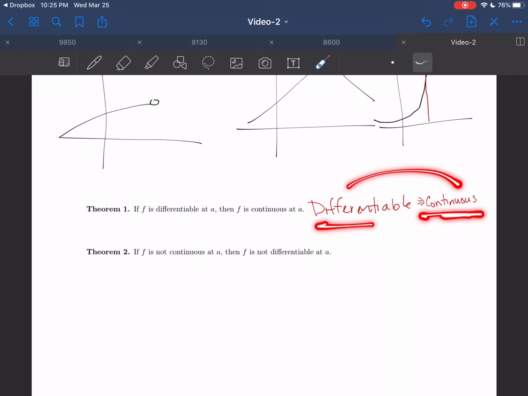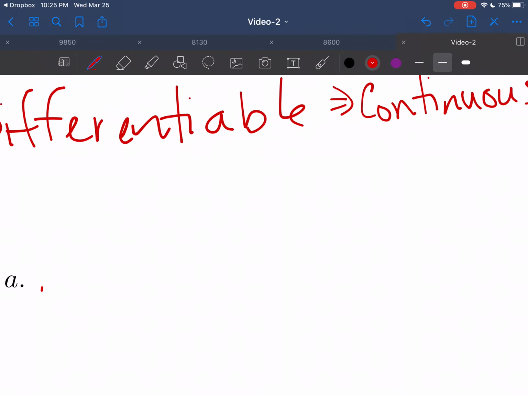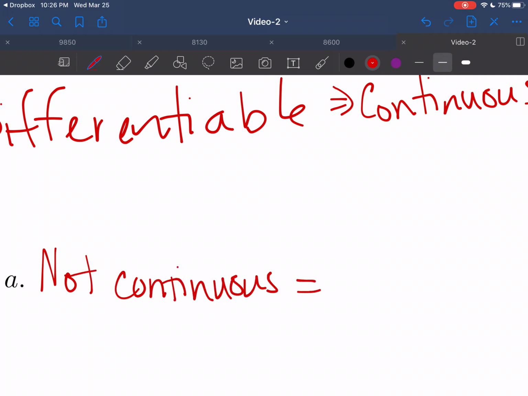So continuous does not imply differentiable. I can't look at a function and say, oh, it's continuous, so therefore it's differentiable. Not true. So we've got differentiable implies continuous, and then we've got another one: if f is not continuous at a, then f is not differentiable at a. So not continuous implies not differentiable.